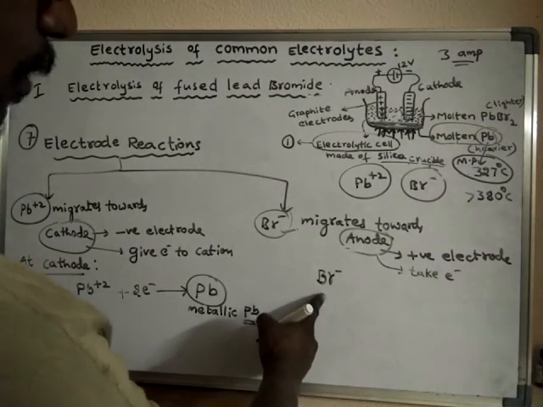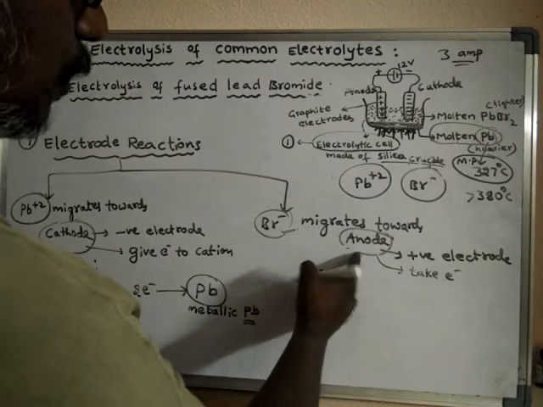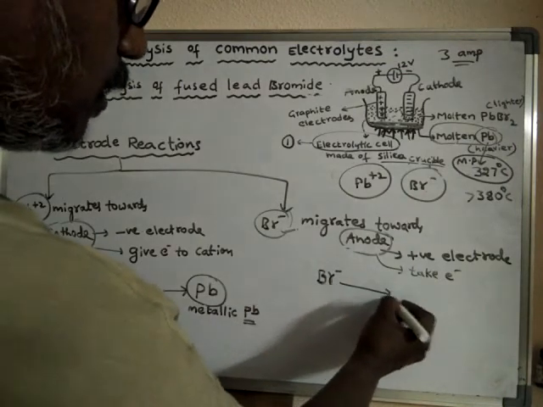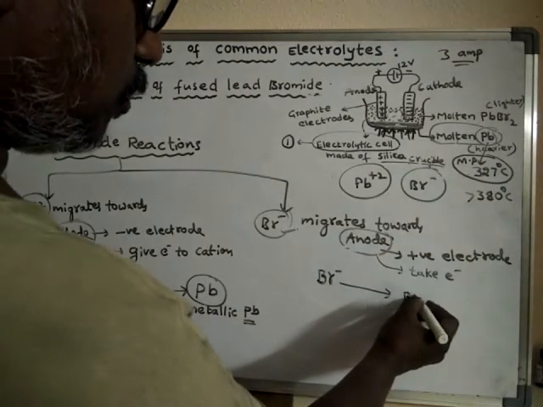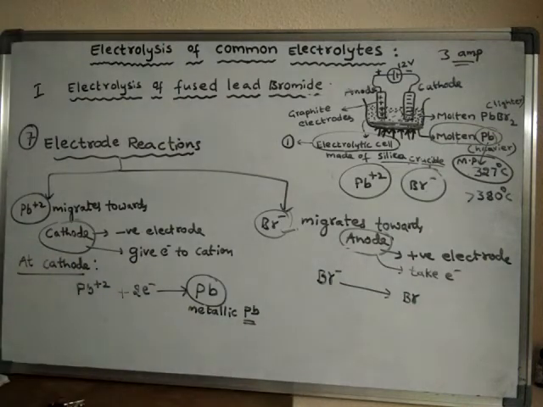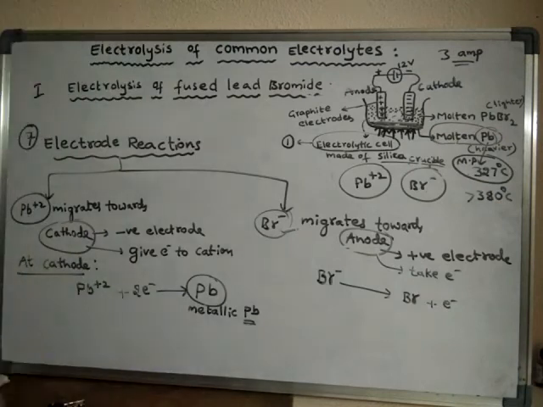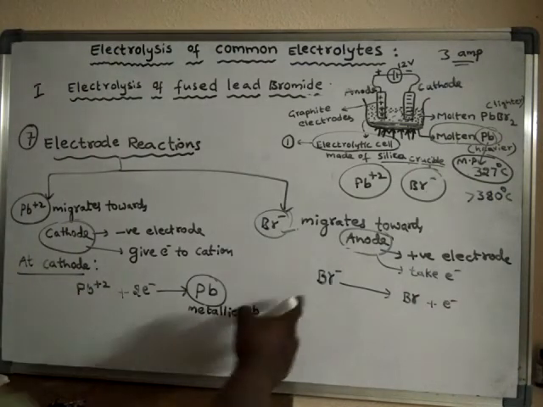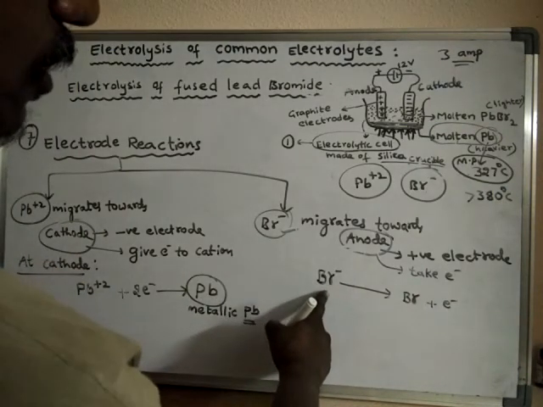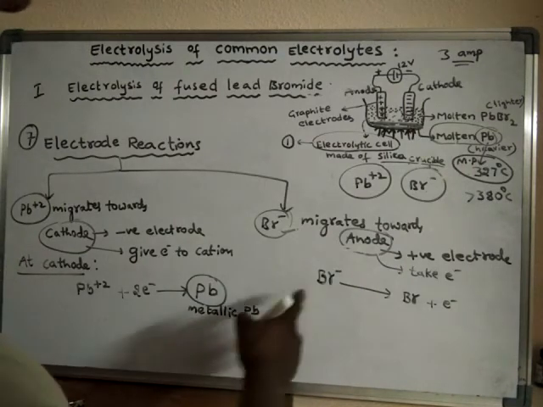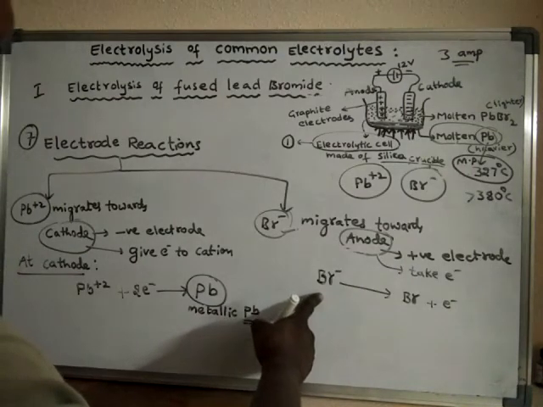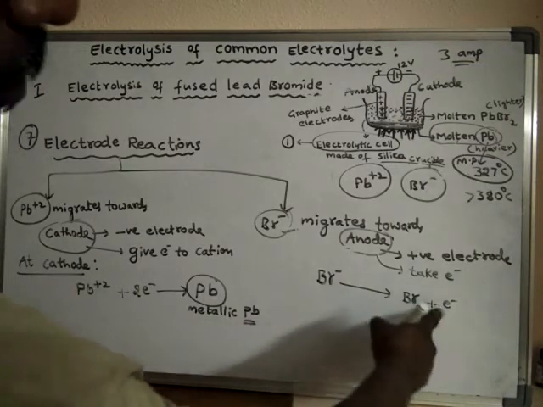So this bromide ion, after moving towards the anode, will become a neutral bromine atom by losing an electron to the anode. Okay, that means at the anode, discharge of the bromide ion is taking place. The charge of the bromide ion is lost in the form of an electron.